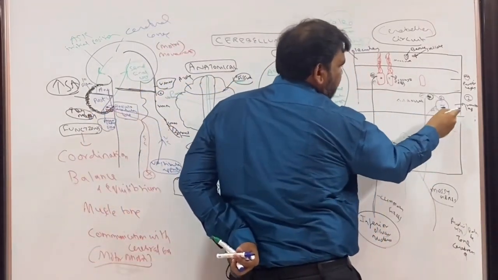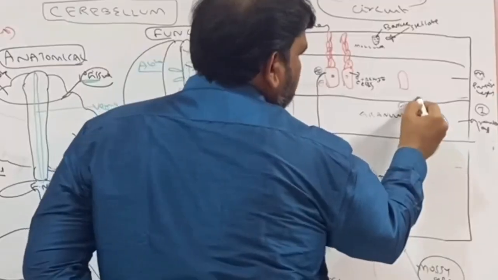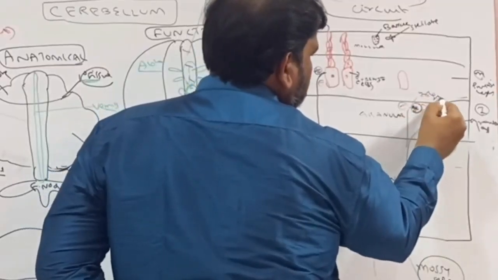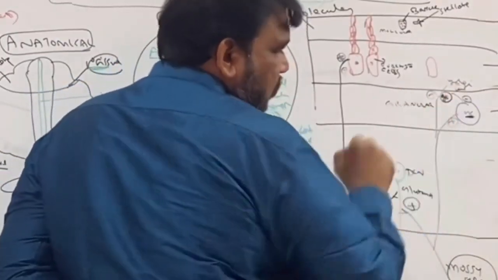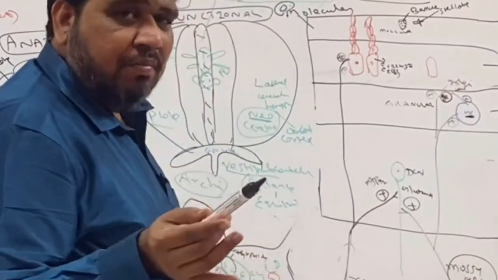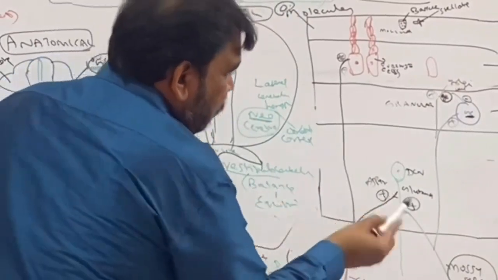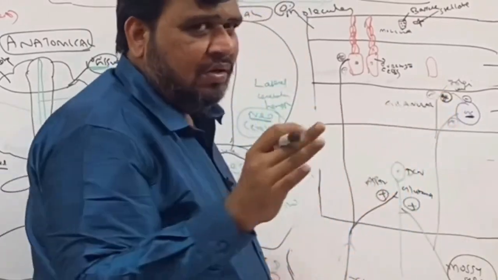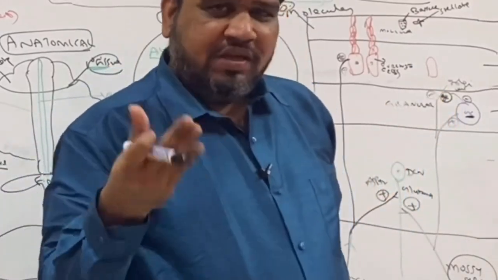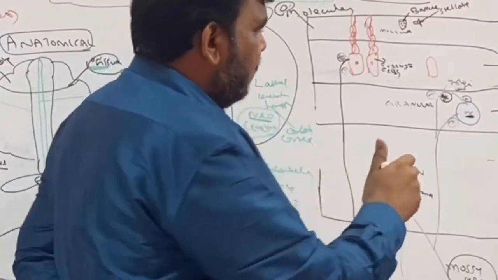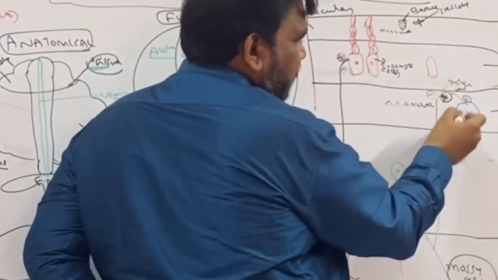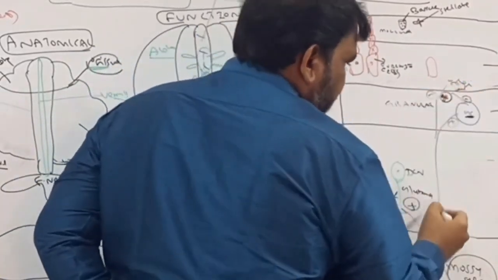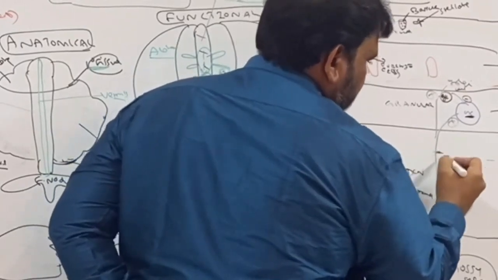Capital G is the granule cell, small g is the Golgi cell. So the mossy fibers directly stimulate the granule cell. But through the Golgi cell, what does it do? See here, this is plus. So the Golgi cell is stimulated by the mossy fiber. But what does the Golgi cell do? The granule cell, it inhibits. So this one is the mossy fiber.